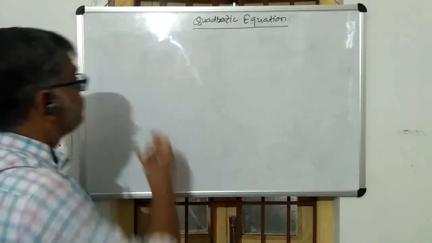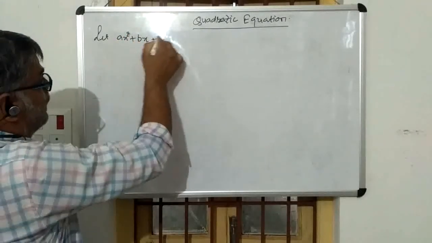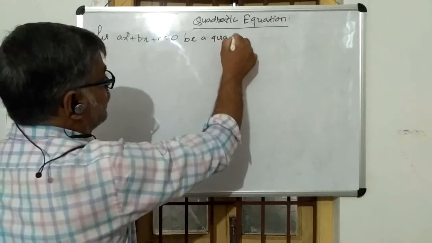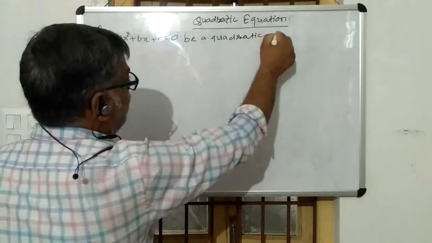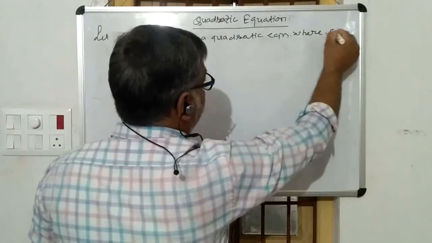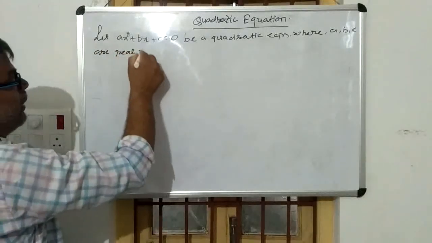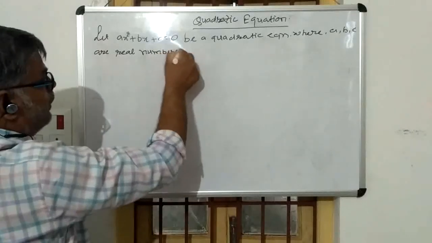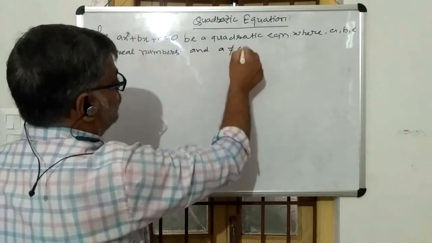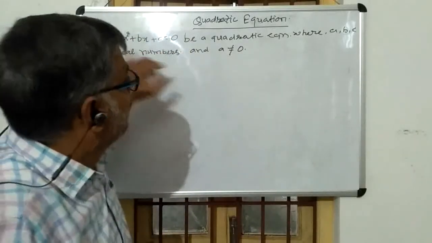So students, let ax square plus bx plus c equals to 0 be a quadratic equation where a, b, c are real numbers and a is not equal to 0, because when a becomes 0, it will convert into a linear equation.